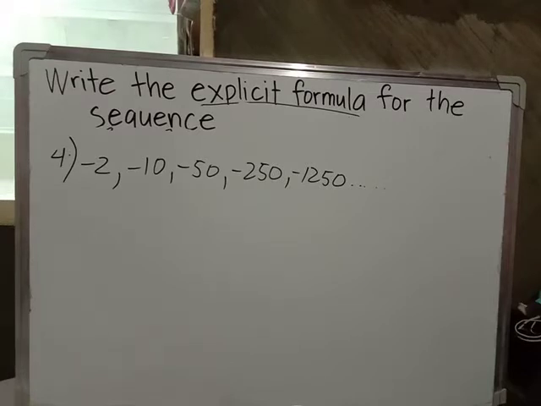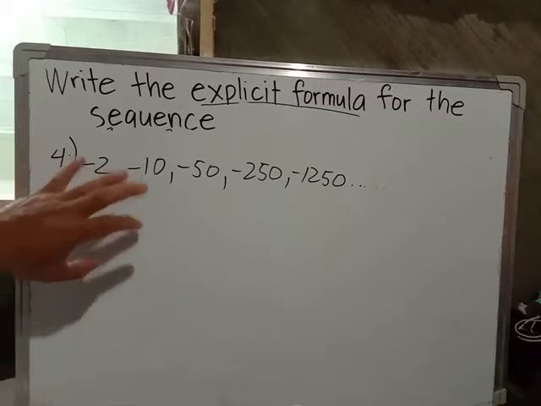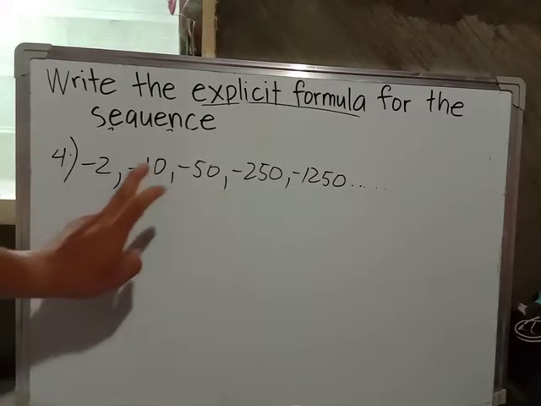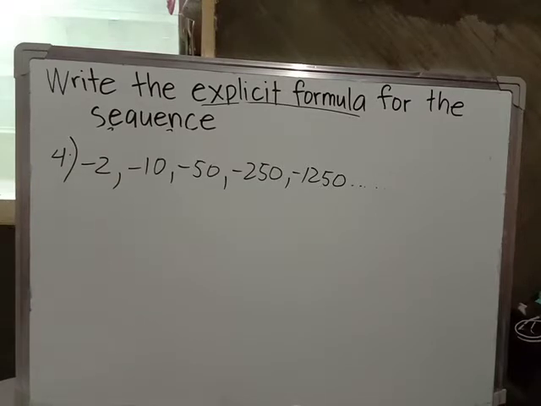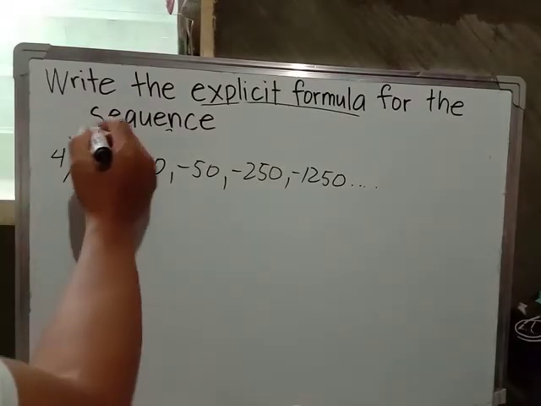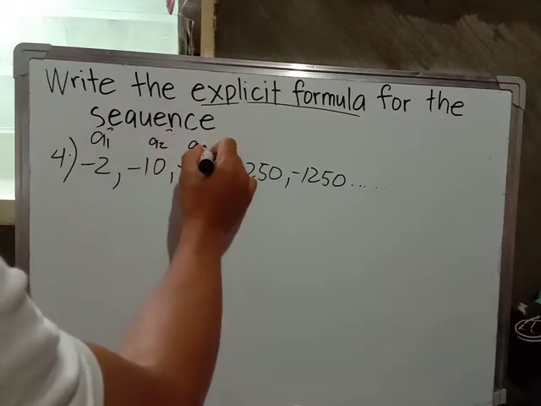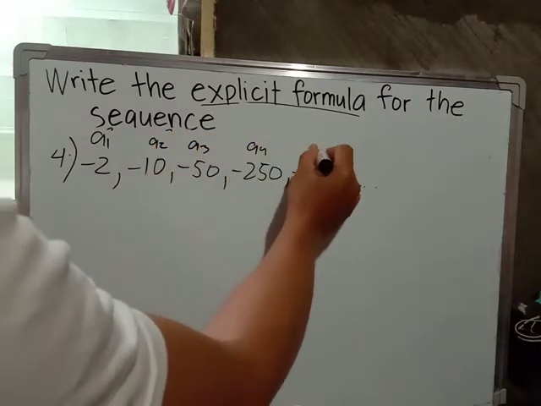Actually yung explicit at saka recursive hindi naman sila magkalayo, formula lang yan para mahanap yung isang term ng isang sequence. So gamitin pa rin natin yung kagaya sa number 3 kanina, paano na-achieve natin si negative 10 by using negative 2. So simply by looking at it, E2, E3, E4, E5.